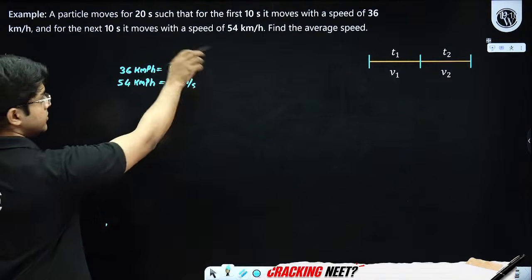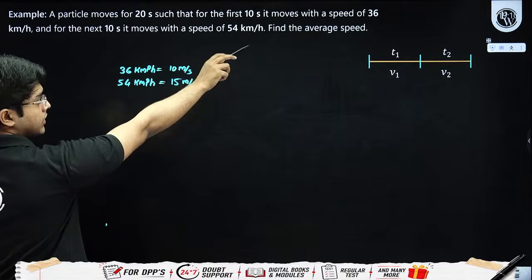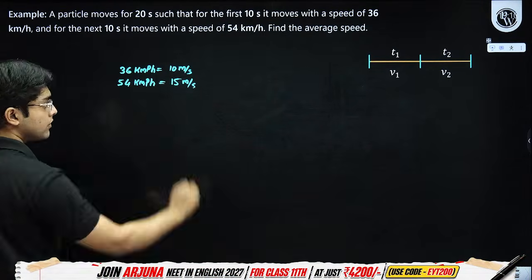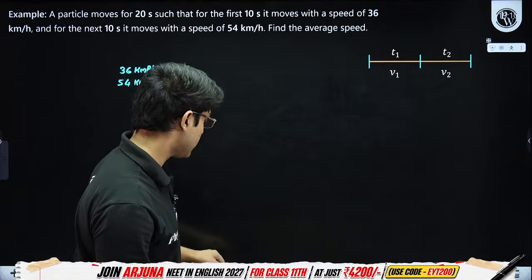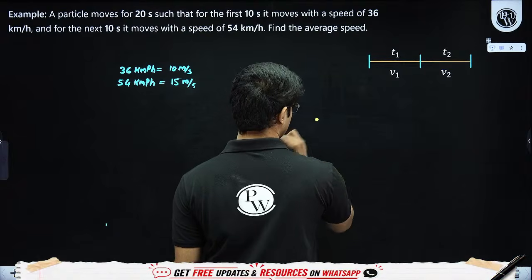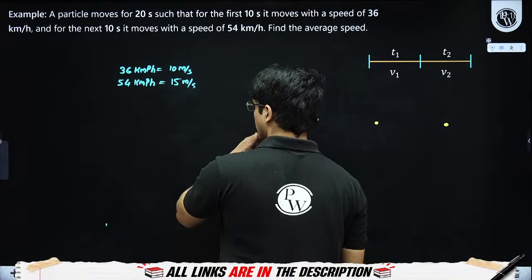So I converted these speeds into meters per second. Now in the first 10 seconds it moves with 10 meters per second, and in the next 10 seconds it moves with 15 meters per second. So you have to find the average speed. Let's divide it into two parts.